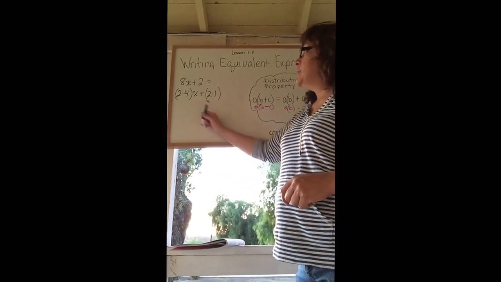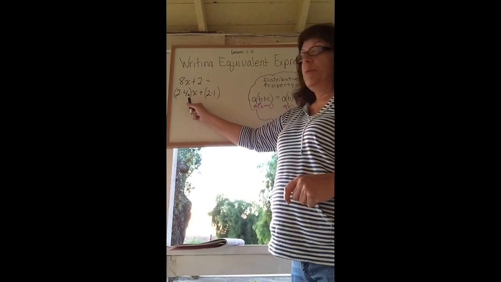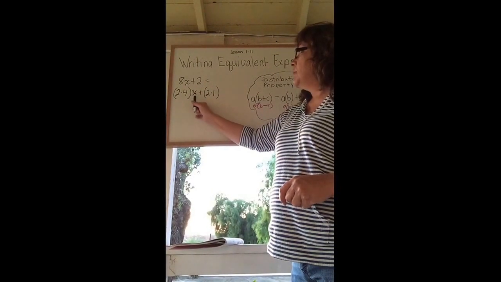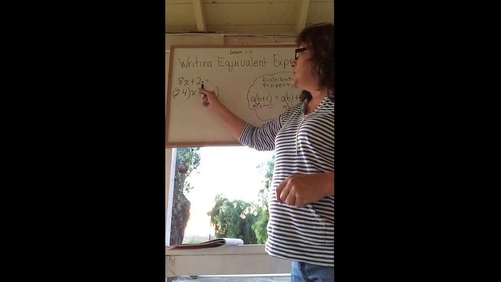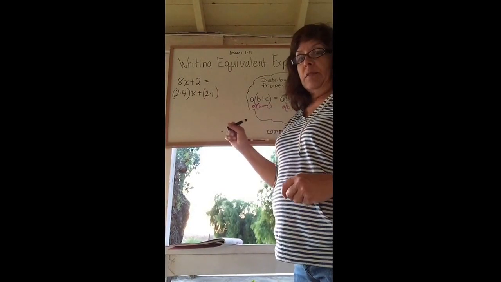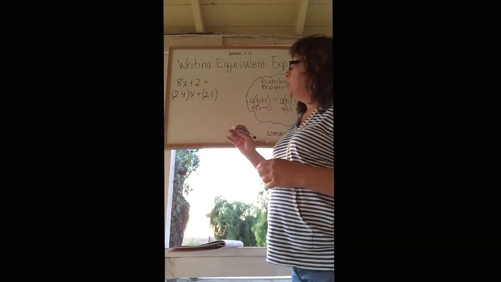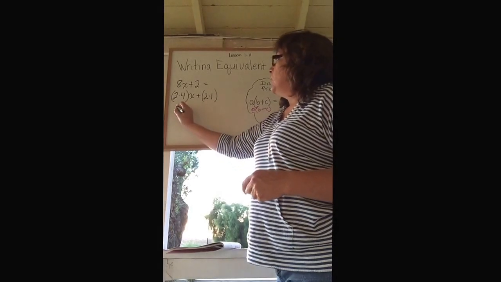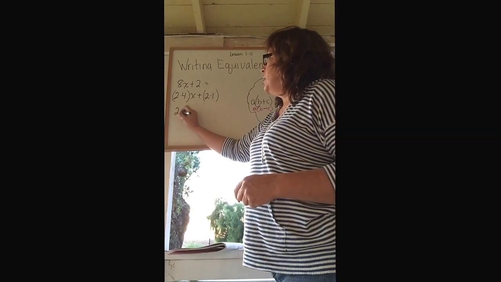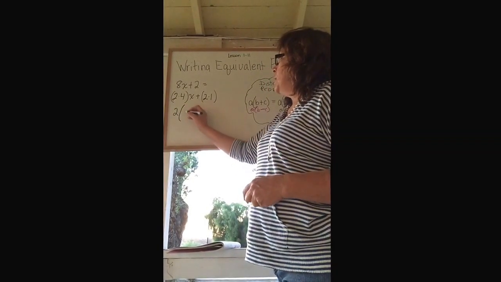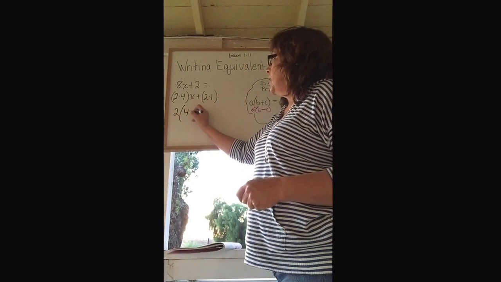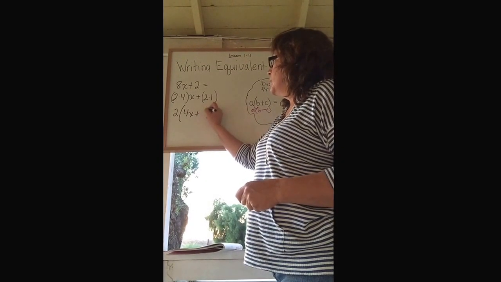Does that make sense? We broke down the 8. 2 times 4 is 8 times the x, plus 2 times 1 gives us 2. So how can we rewrite that to be equivalent? Well, let's take our 2 out here times the quantity of 4x plus 1.